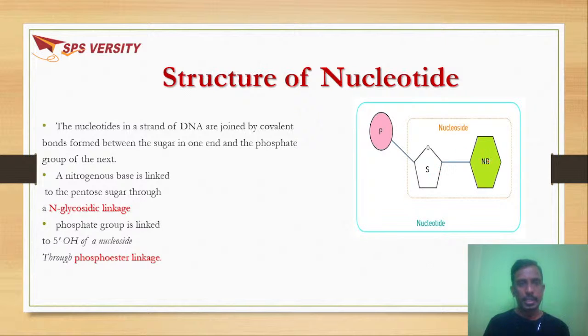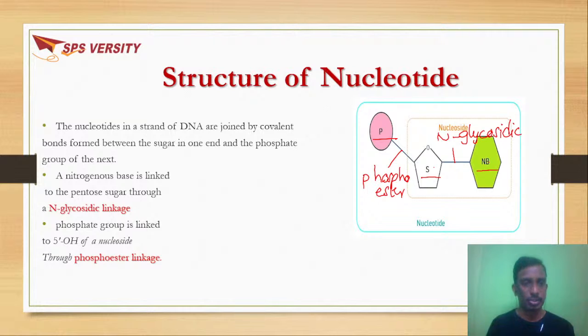The bond present between the nitrogen base and sugar is the N-glycosidic linkage. And the bond present between the sugar and phosphate is the phosphoester linkage.